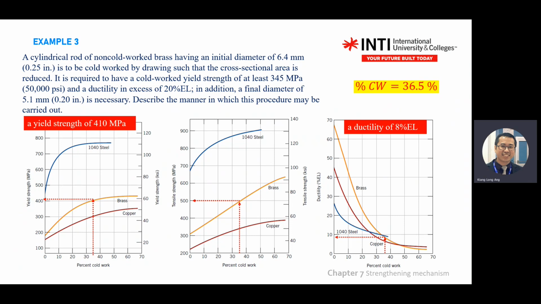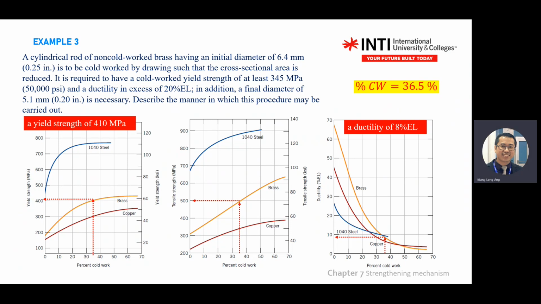But you look at your ductility. Your ductility must be more than 20%. Now, if you do 36.5%, you only get 8% elongation, which is not what your customer wants.